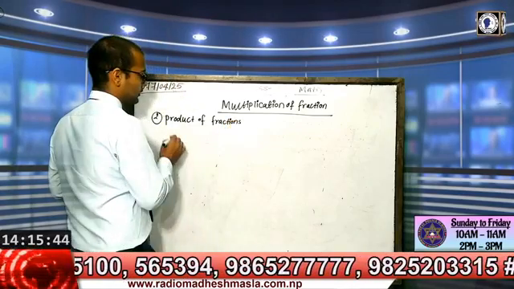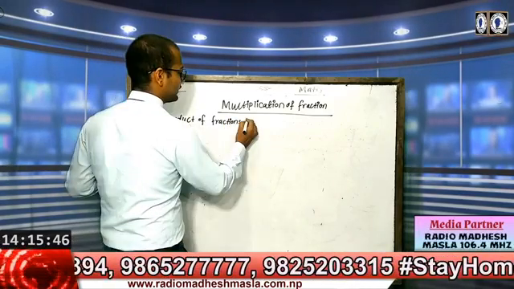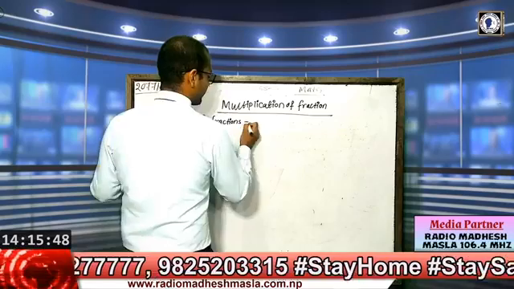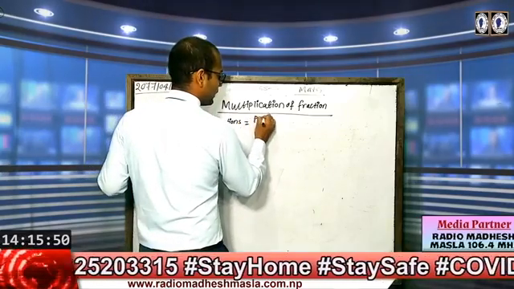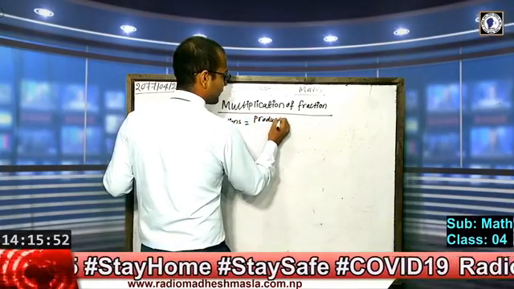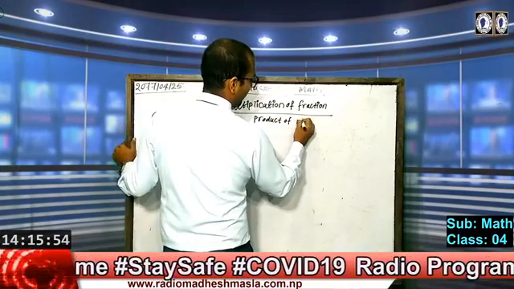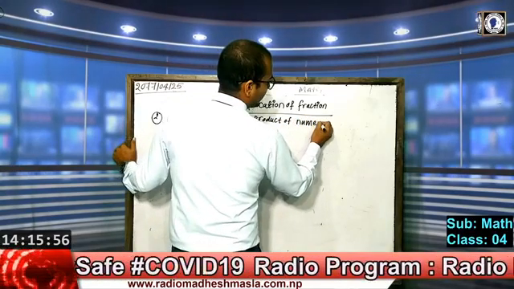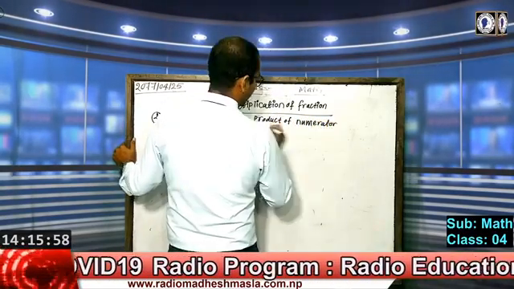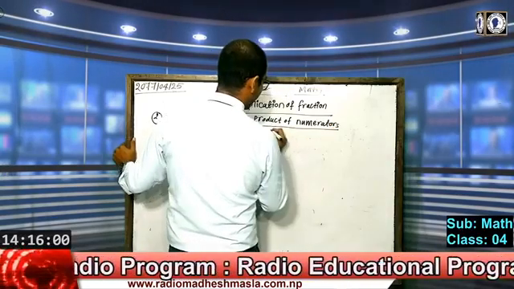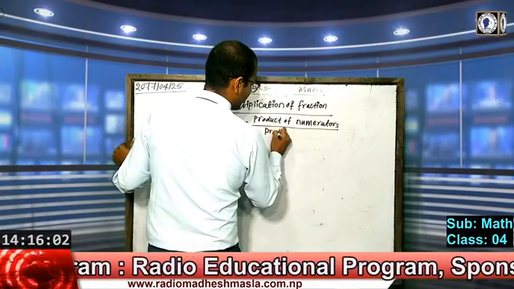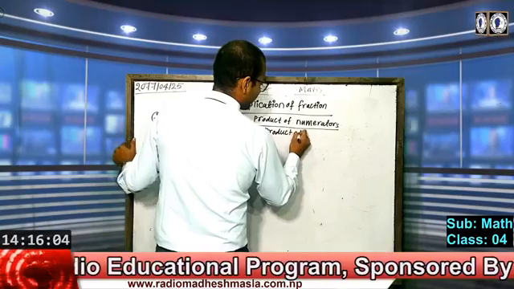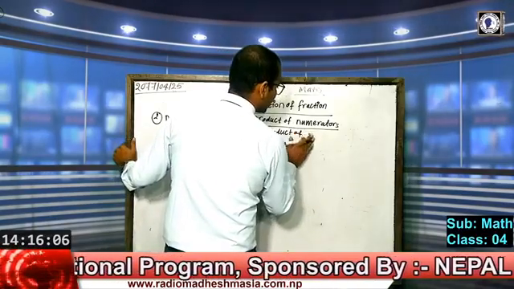So students, to get the product of fractions, we can use the formula: product of numerators by product of denominators.